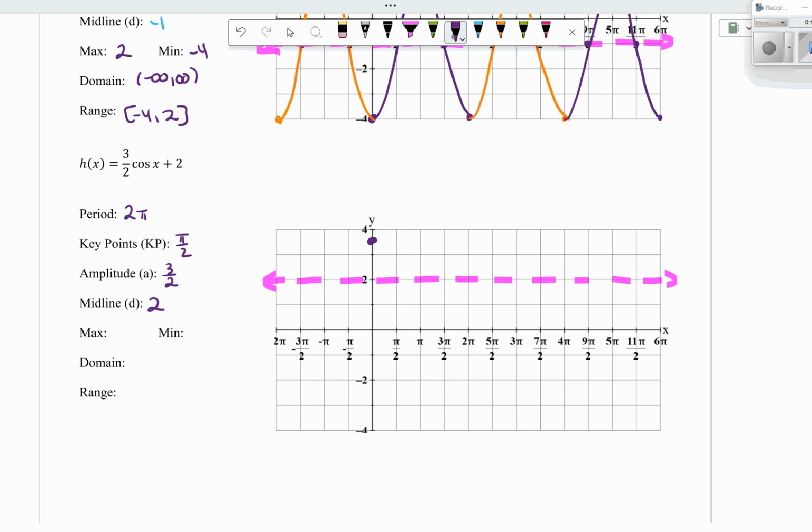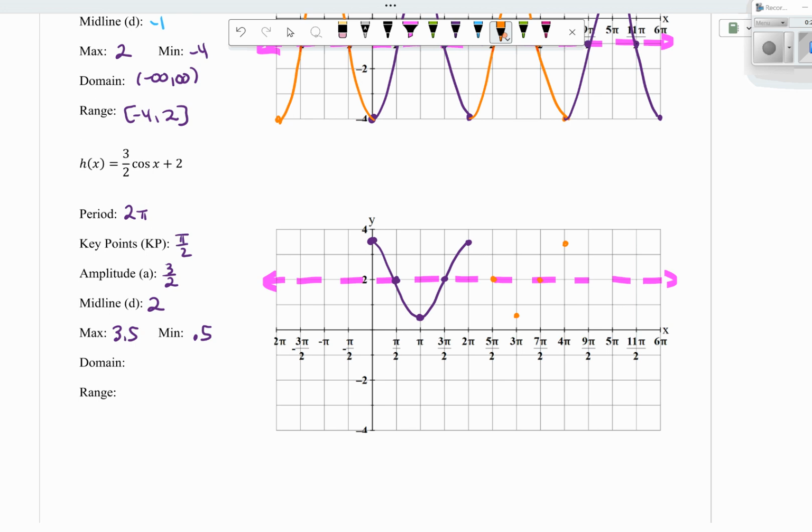So that means our maximum is going to be at 3.5. And then we would go to the midline, down 1/2. So down 1.5 would be here. So then 0.5 is the minimum. Back to the midline and up 3/2 or 1.5. So that's our first wavelength.